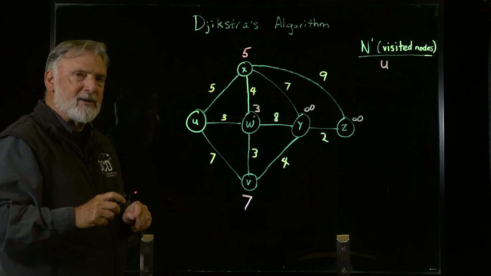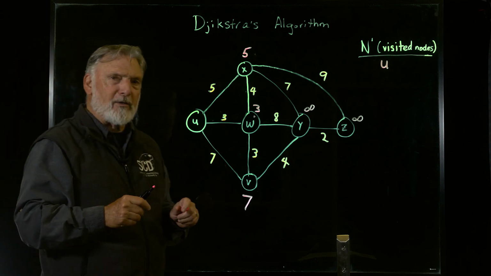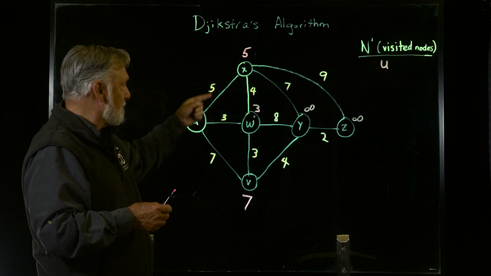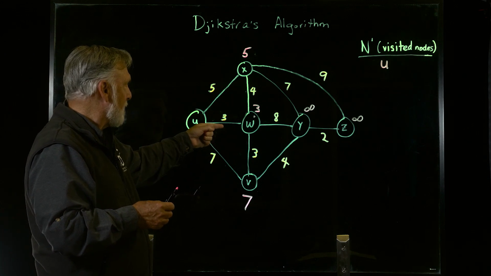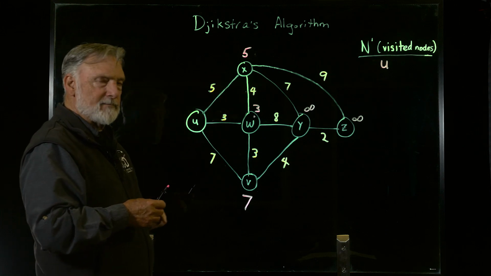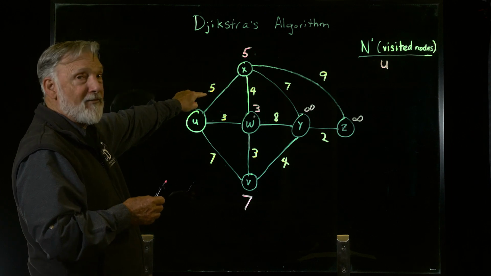And we're going to examine the distance from U going through W to all the other nodes. First, we take a look and see going to X from W, the cost would be 3 plus 4, or 7, versus the directly connected path of 5.